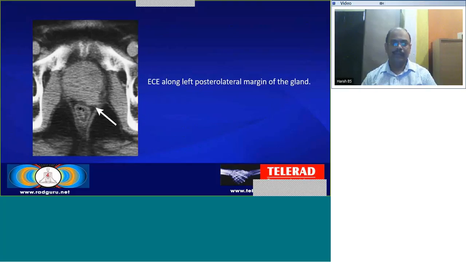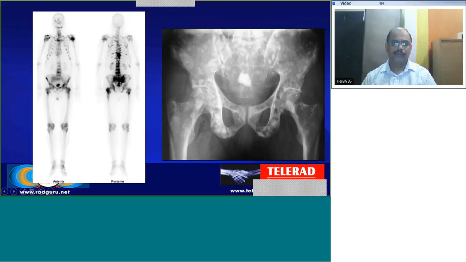This is a CT image which demonstrates a focal contour abnormality in the prostate with extension into the left posterolateral periprostatic tissues. Here we have the nuclear scan, which demonstrates diffuse osteoblastic metastasis into the vertebrae and in the other bones.